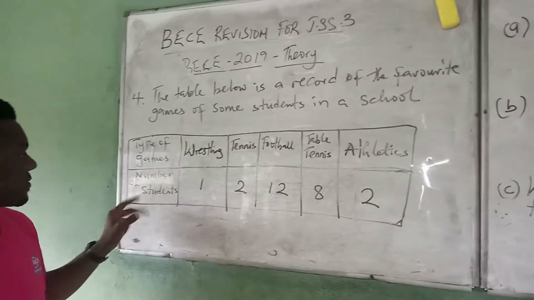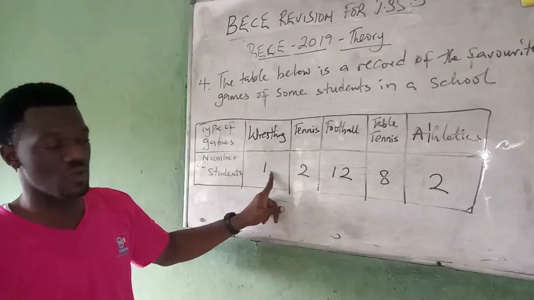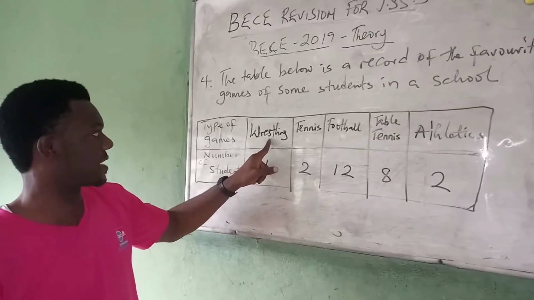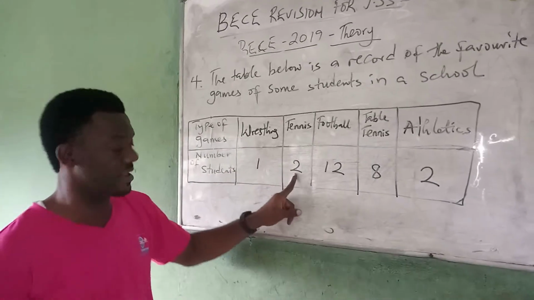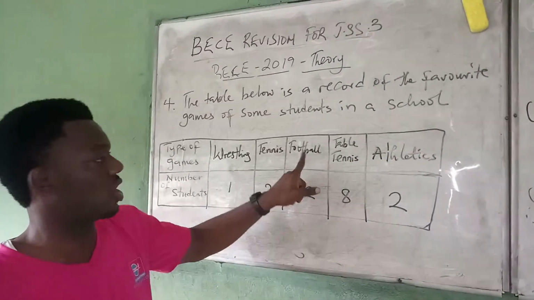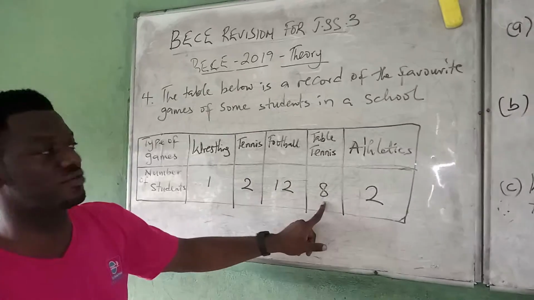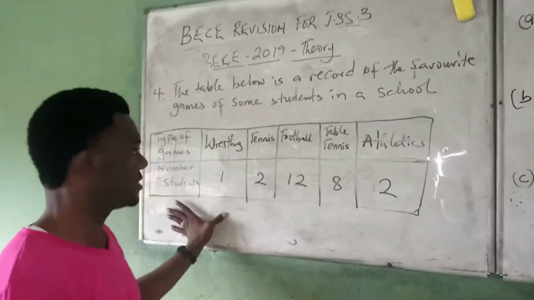Then the number of students: only 1 student for wrestling, 2 students for tennis, 12 students for football, table tennis, 8 students, athletics, 2 students. Now, this is the data.